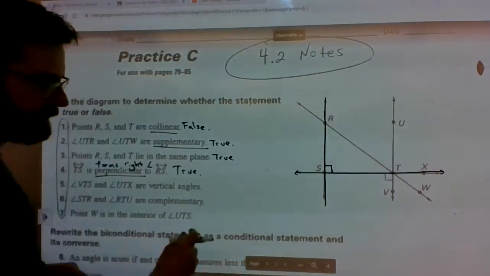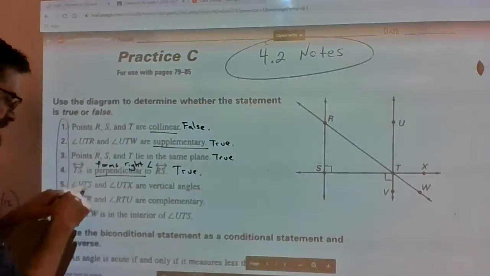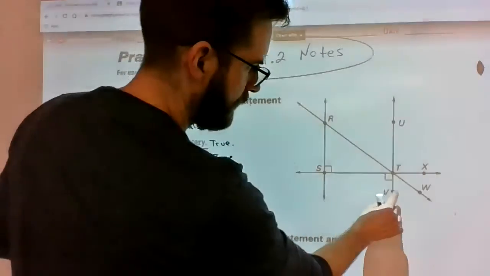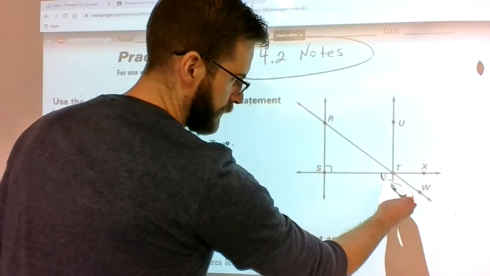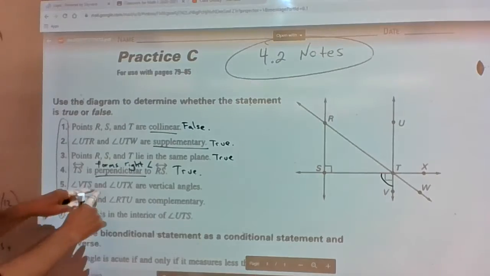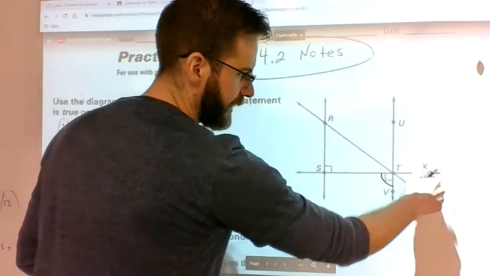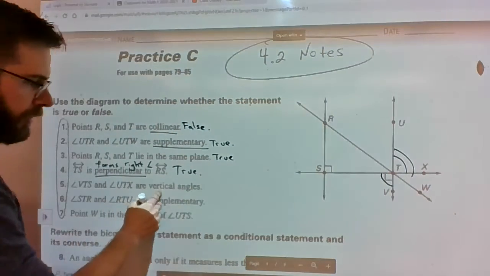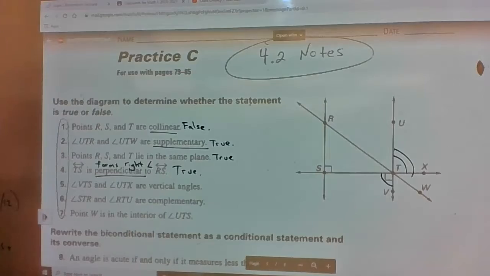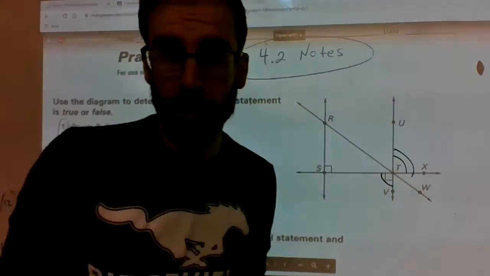Number 5, VTS, so this one right here, and UTX, so this one right here, are vertical angles. Well, what are vertical angles?